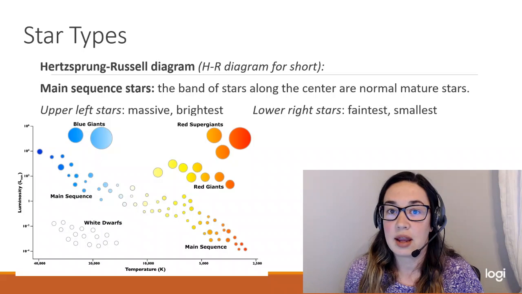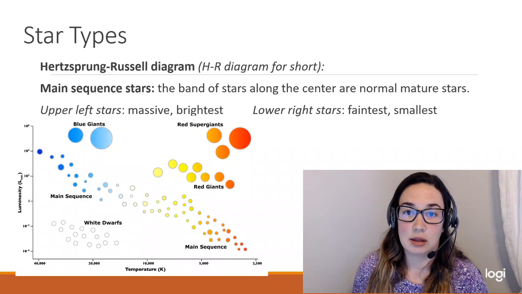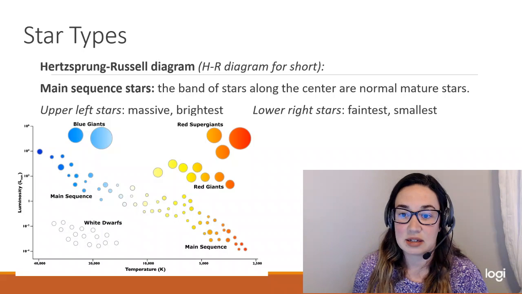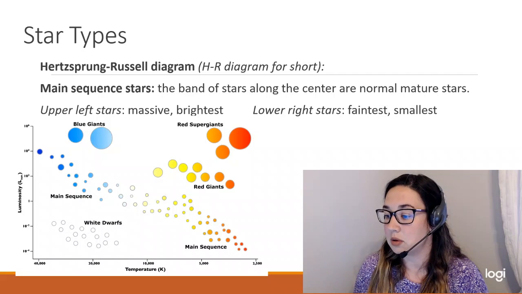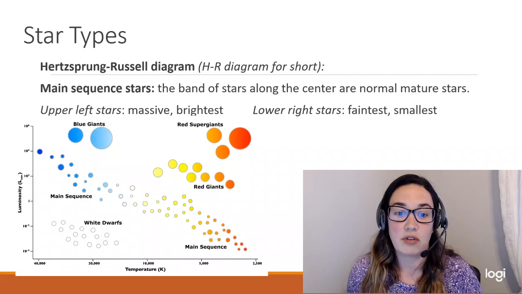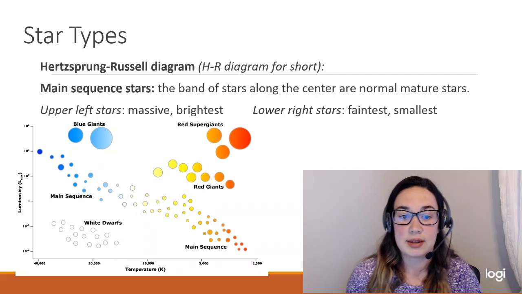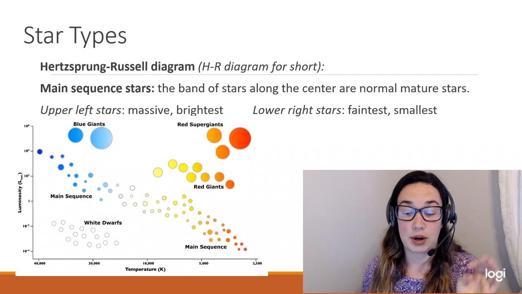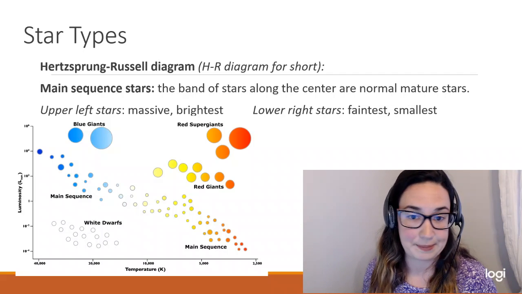And if you look in that main sequence band on the lower right portion, you see the faintest stars, and they're also the smallest. So they have the lowest temperature here in kelvins, but also the lowest luminosity. So that's just kind of how we're going to be reading this HR diagram.